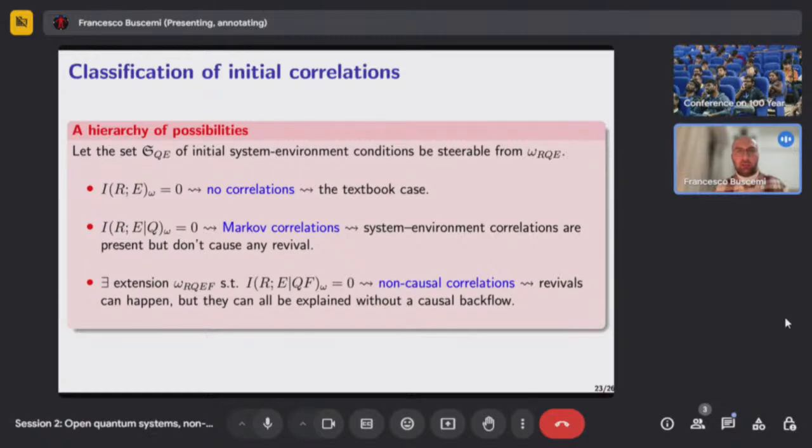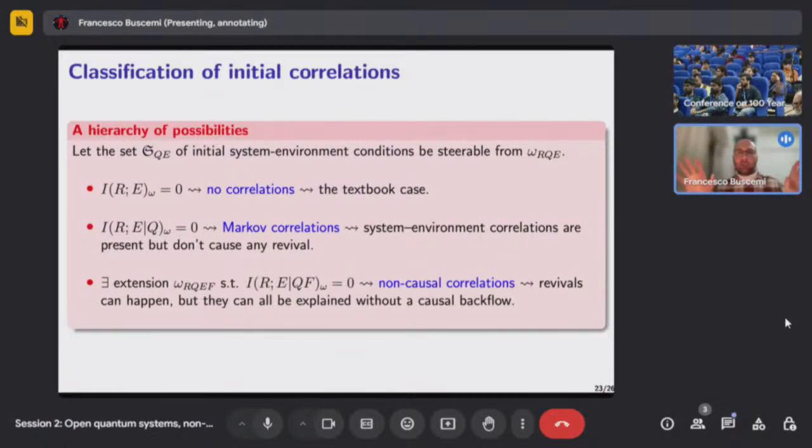And then the next step instead would be to see non-causal correlations, so correlations that are there, correlations that can cause revivals, but revivals that do not require a causal backflow in order to be explained. So you have this hierarchy of possibilities that mimic somehow the separation that you have in entanglement between space-time separated regions.